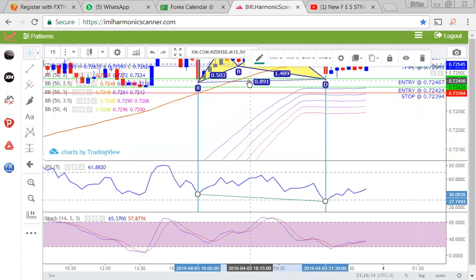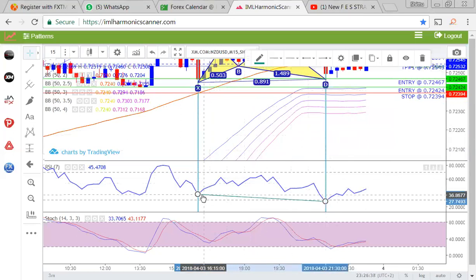Now, on the RSI, for us to have a divergence, the direction of the lines on the 2 points on the chart must be opposite on the RSI. So we do a straight line to touch the RSI, it touched it here. We do it also on D candle, it touched it here.